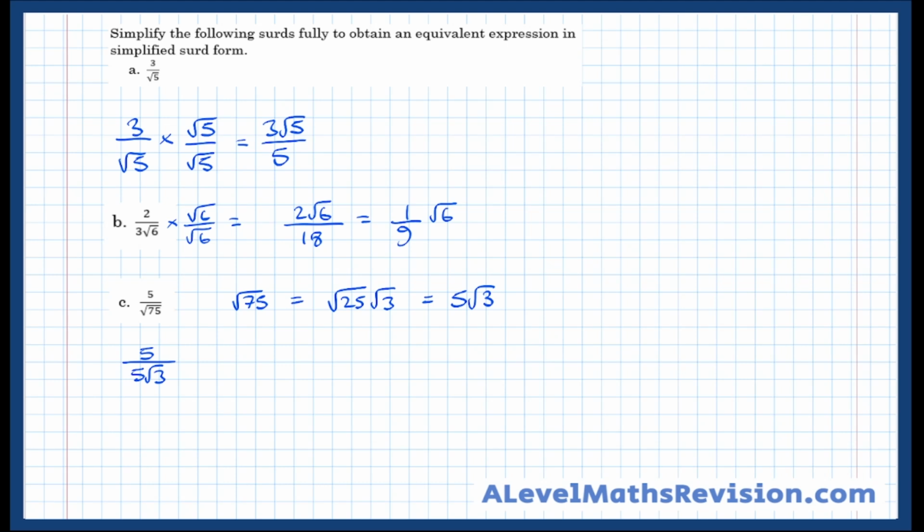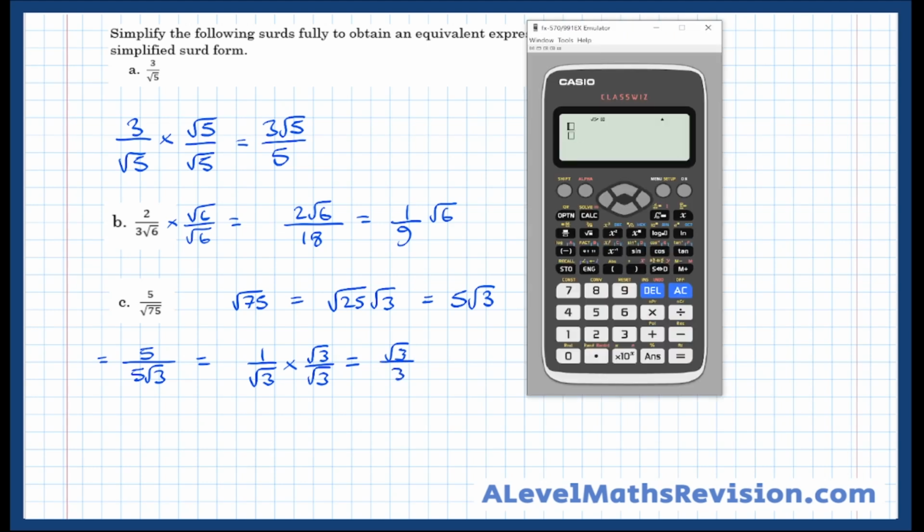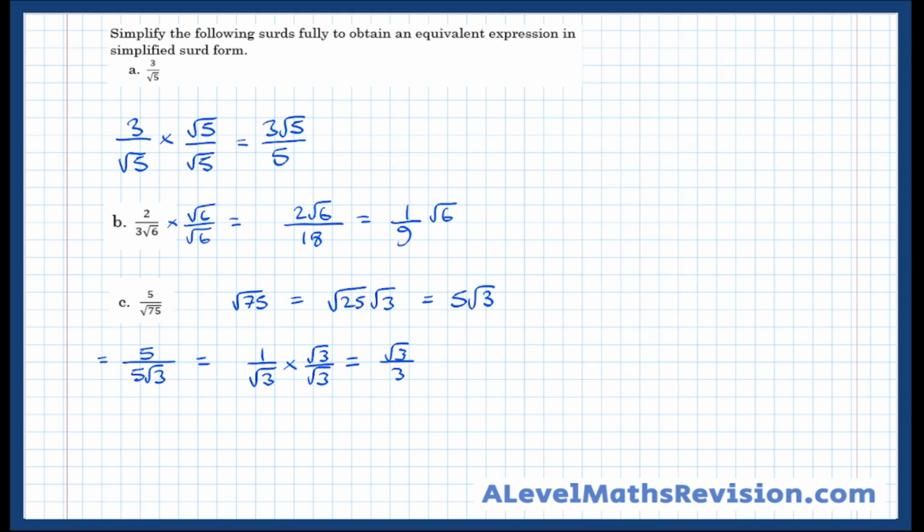That significantly simplifies it, because 5 over 5 is just 1, leaving us with 1 over root 3, which is so easy to rationalise the denominator of. Times by 1 in this really clever way to get root 3 over 3. And we're done. Let's put this in the calculator just to check the answer. 5 over root 75 equals root 3 over 3, as we wanted.